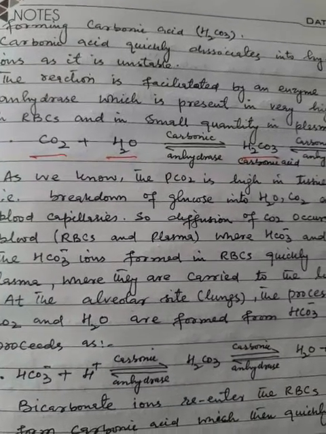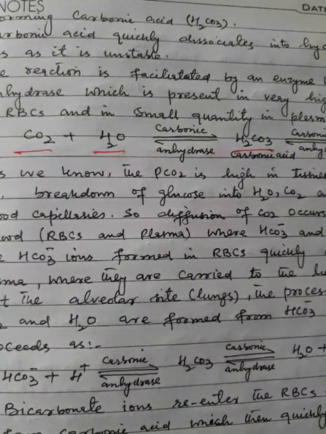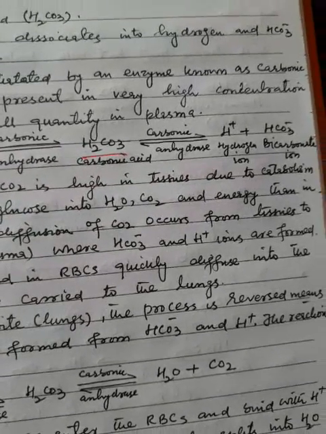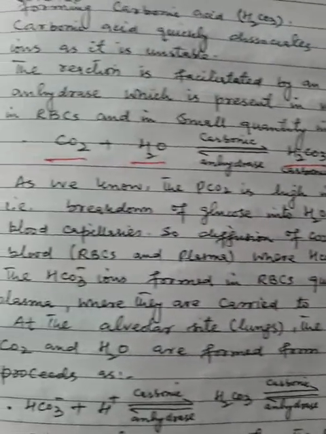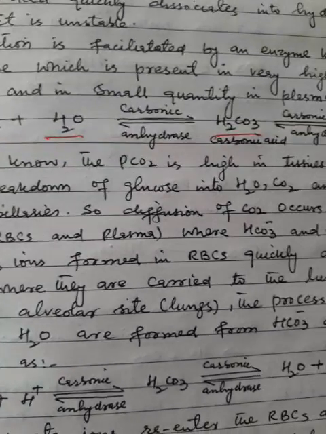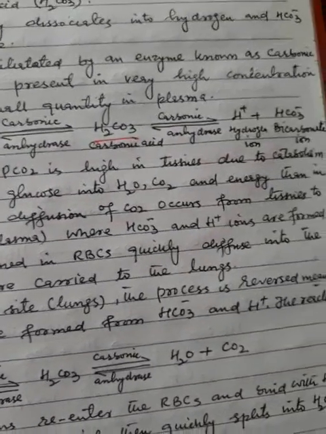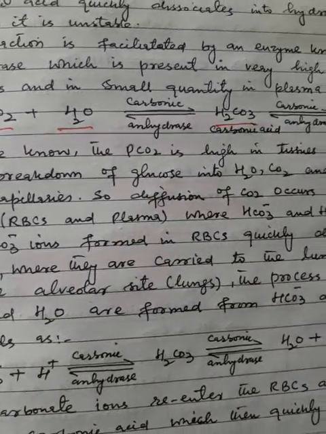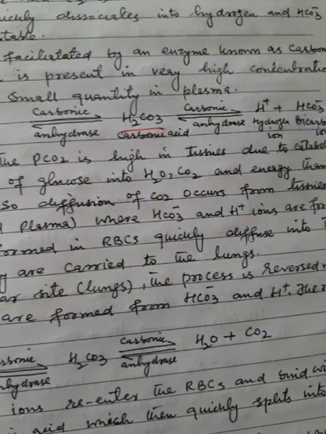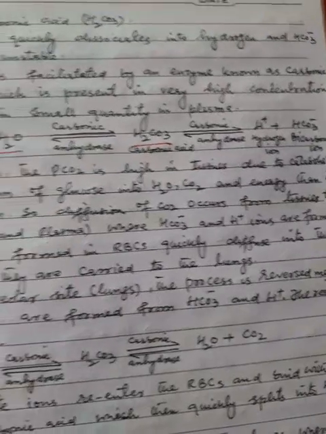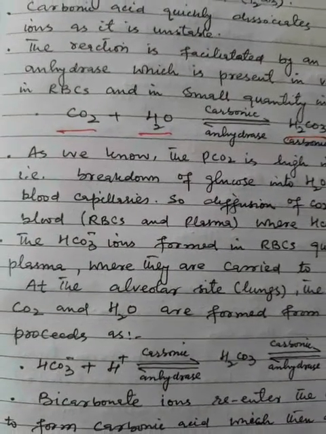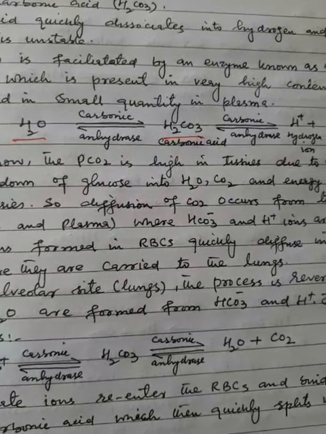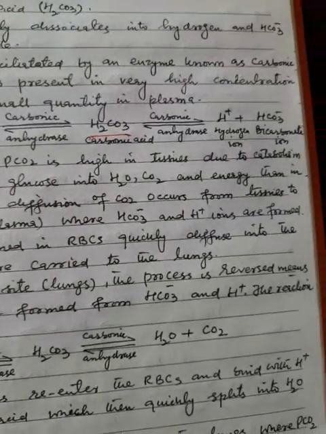As we know, the partial pressure for carbon dioxide, that is PCO2, is high in tissues due to catabolism, that is breakdown of glucose into water, carbon dioxide, and energy, than in blood capillaries. So, diffusion of carbon dioxide occurs from tissues to blood, that is RBCs and plasma, where bicarbonate ions and hydrogen ions are formed.